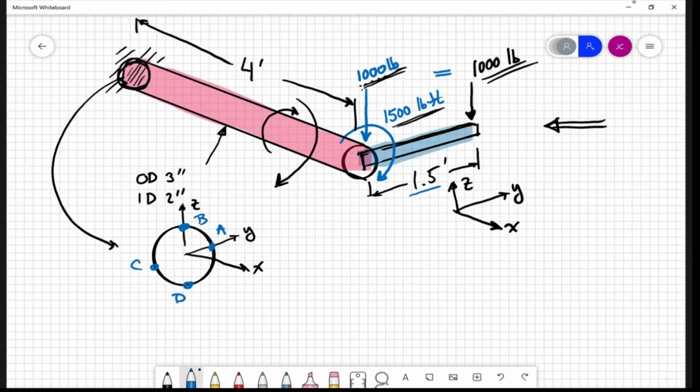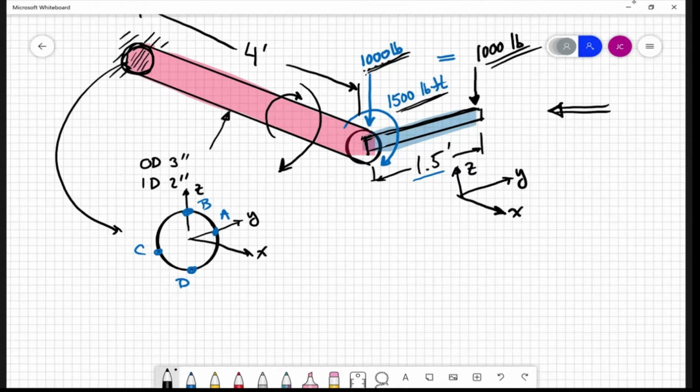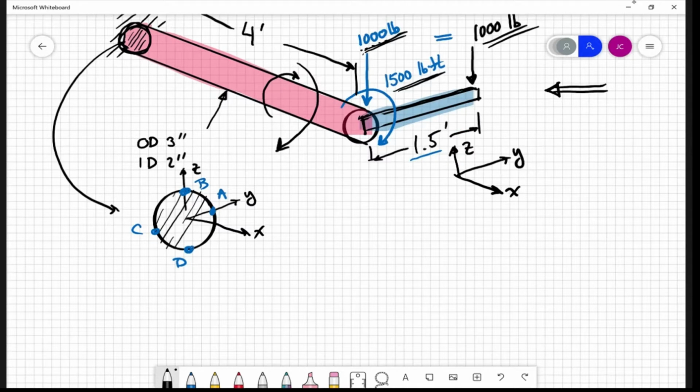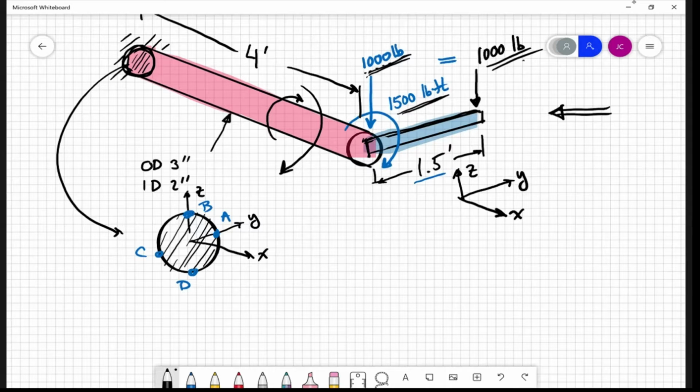All right. So on this surface here, this entire cut surface, we have a bending moment and a torque applied from this 1,000 pound force. From now on, I will just ignore this and we will just deal with the equivalent translated force and torque there, okay?